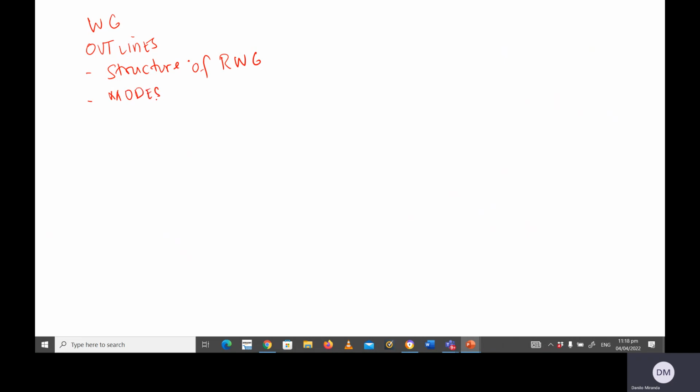Ito yung mga parameters para makita natin kung ito ay feasible or not. The modes. We have 2 types of modes. Later, I'm going to discuss it one by one. Then the condition for your waveguide propagation, especially in rectangular waveguide.